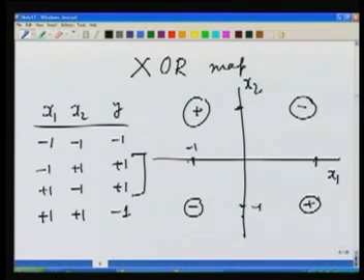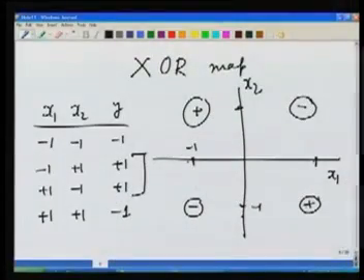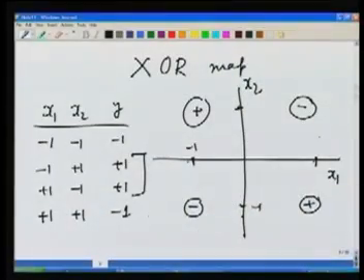So, in this case you cannot find a single line that will separate this class from this class. This is a function that is not linearly separable; it is non-linearly separable.